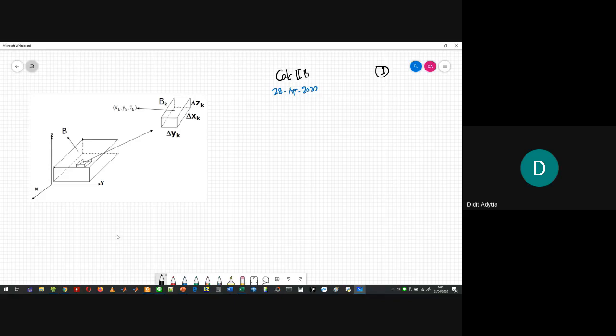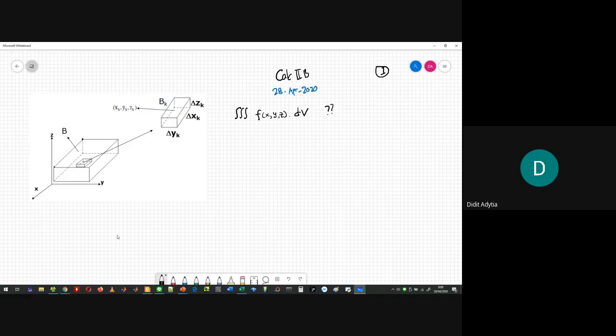The question is, what is the meaning of the triple integral of a function f(x, y, z) dV? So what you can see directly here is actually a volume. This is the three-dimensional triple integral. So what does it mean actually, and how can we calculate it?